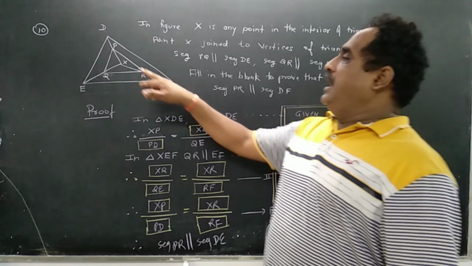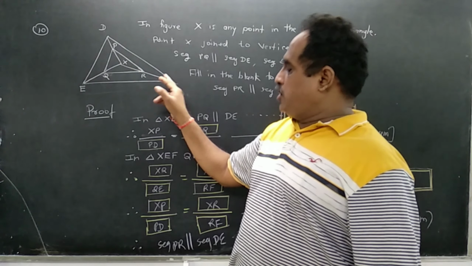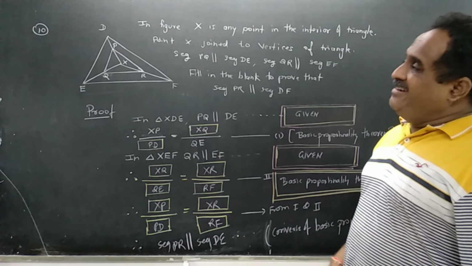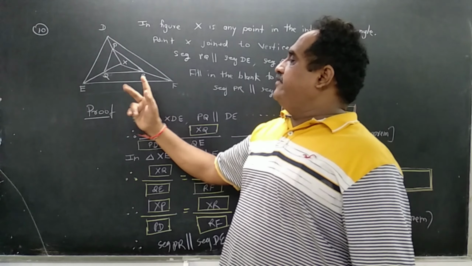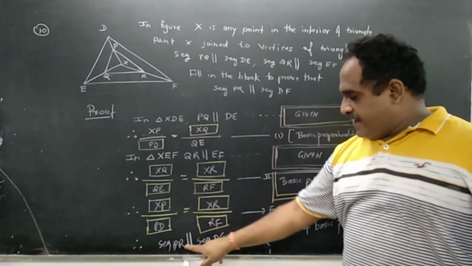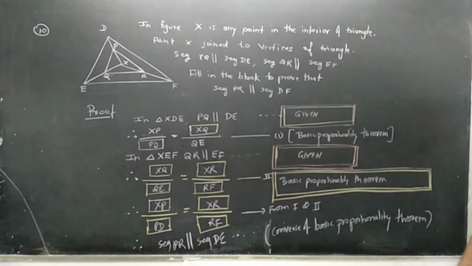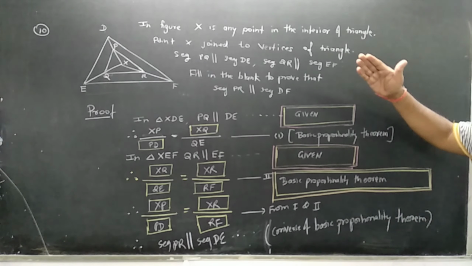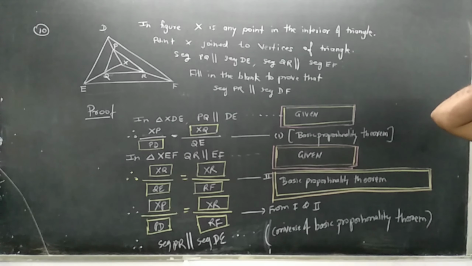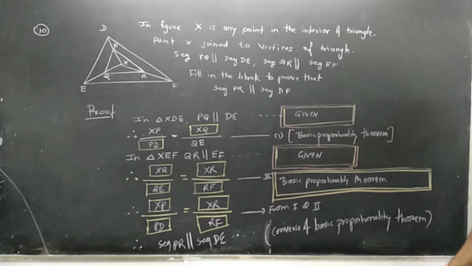So what you got? XP upon DP is equal to XQ upon QR. So in triangle XDE, if this condition is there, this upon this, means PR is parallel to DE by converse of basic proportionality theorem. You are going to write in this way if it is asked in board examination, and this question is called an activity based question.